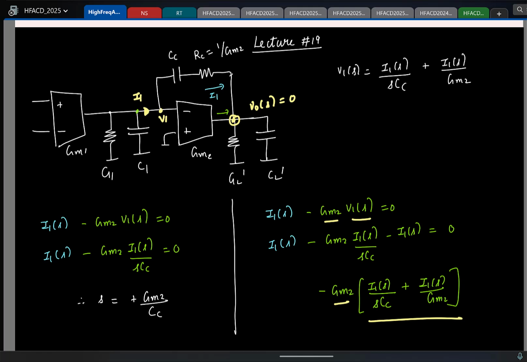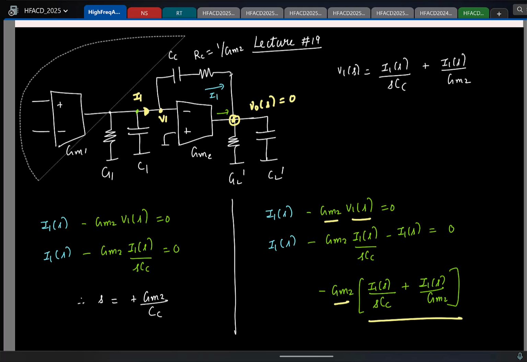If I do that, now you see that the current I1 is flowing through this branch. The voltage is V1, that is the sum of the two voltages. And if you ensure that V1 is of this form, then the equation will get satisfied only for s tending to infinity, meaning that you have pushed the RHP 0 to infinity. Is that clear?